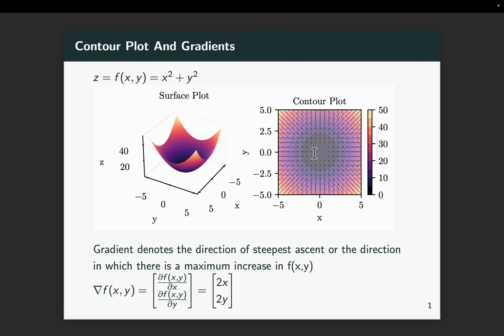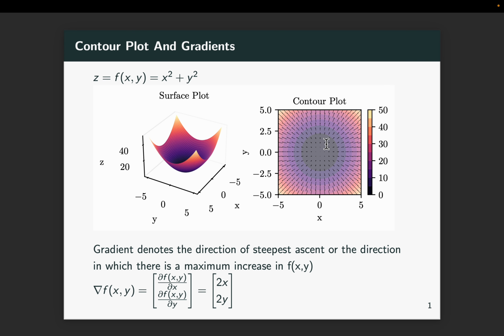Let's work this out by an example. If you have x equal to 1, y equal to 0 and go in this direction, you can see that the circle will take on a bigger radius as quickly as possible. So, that is the direction of the gradient.